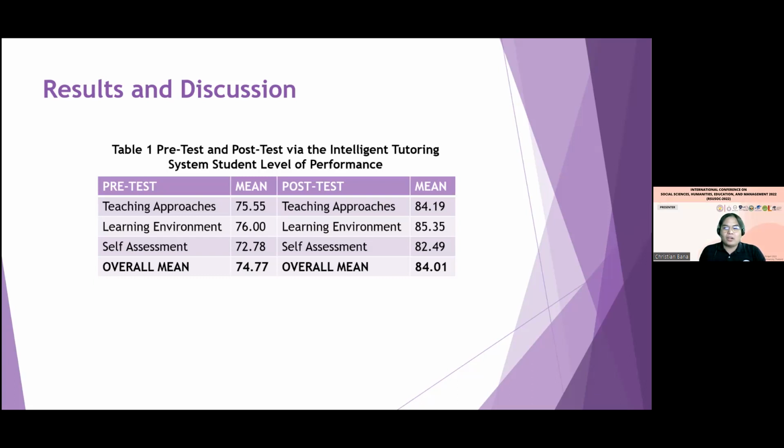Based on the self-assessment of the student from the traditional setup, it has 72.78%. After the post-test was done, it rose to a mean of 9.71% since the student experienced the modern system, which has a positive impact of using technology integrated into the teaching methodology of the teacher.